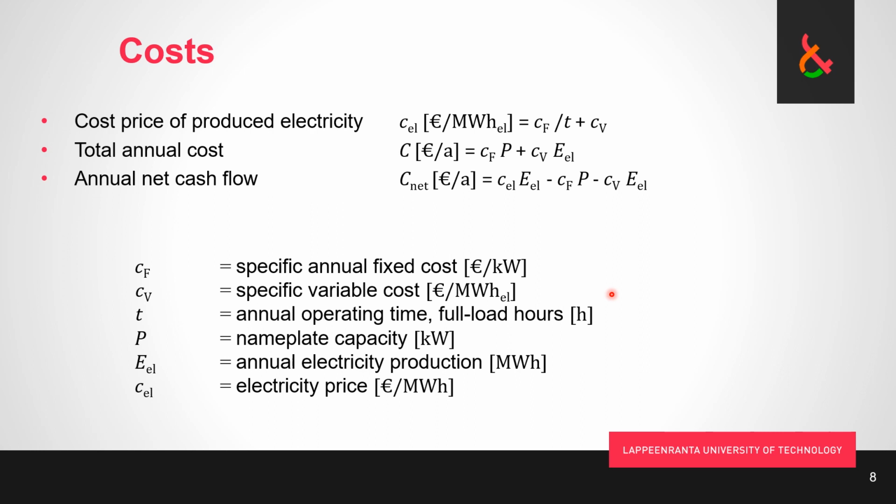Then another thing that we might be interested in is the total annual cost. So now we're interested in euros per year, and an easy way to remember how it is, and it kind of makes sense when you look at it. So you multiply the specific fixed cost with the power, you multiply the specific variable cost with the amount of electricity produced, and there's your total annual cost in euros per year.